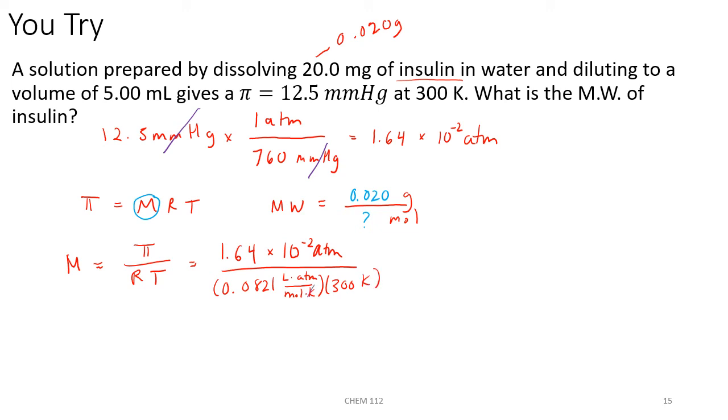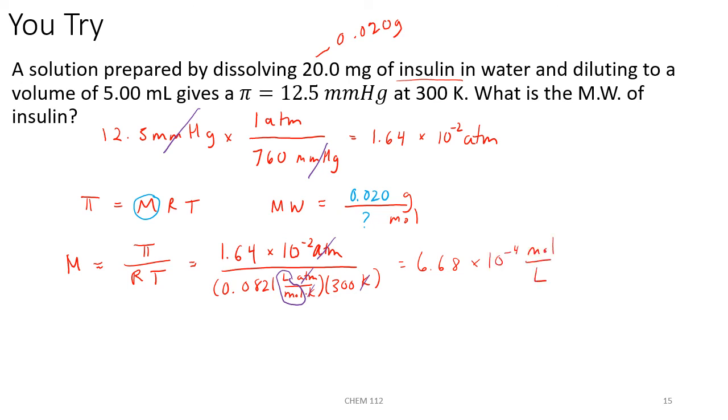So we can see our units of Kelvin will cancel, our units of atmosphere will cancel. We're left with liters over moles in the denominator, which is 1 over liters over moles, so that's really moles per liter. So our molarity comes out to being 6.68 times 10 to the negative 4th moles per liter.